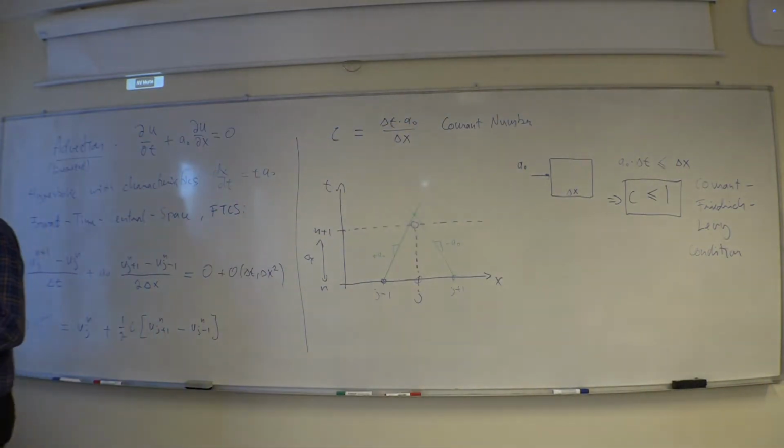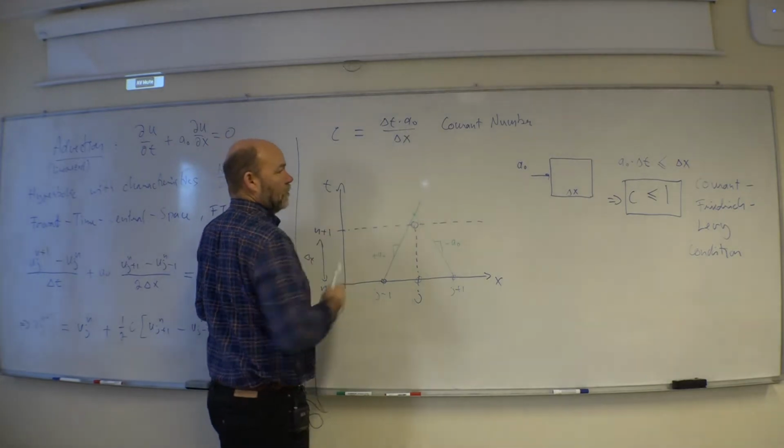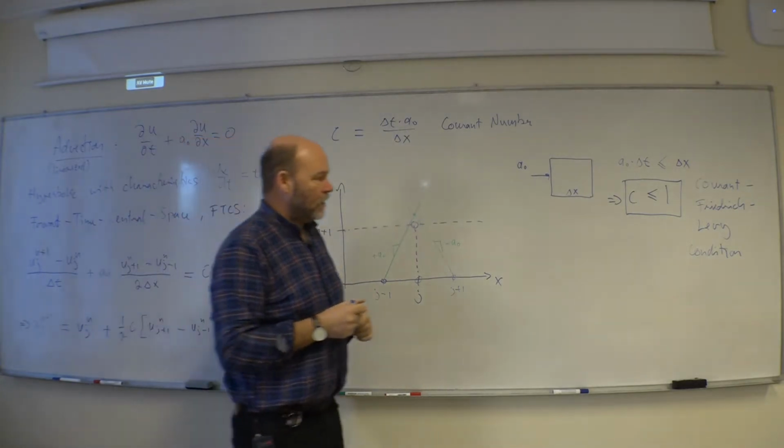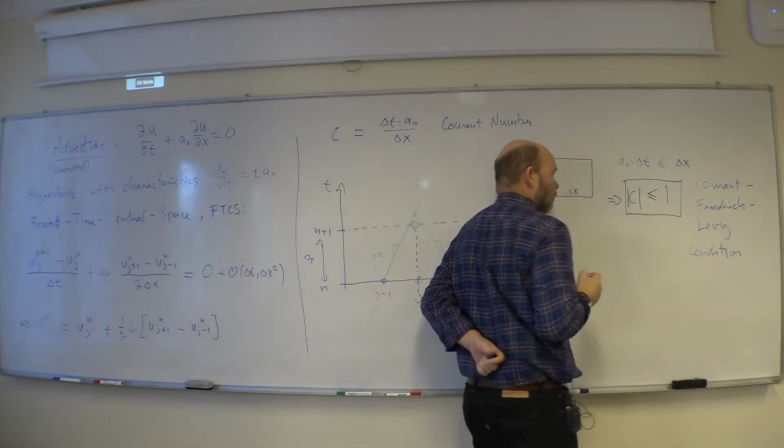Nowadays people tend to call it just the Courant condition, but all three were actually authors of this expression, so they should all be credited. And here this a0 could be both positive and negative, so actually you should write it like this, with the absolute value.